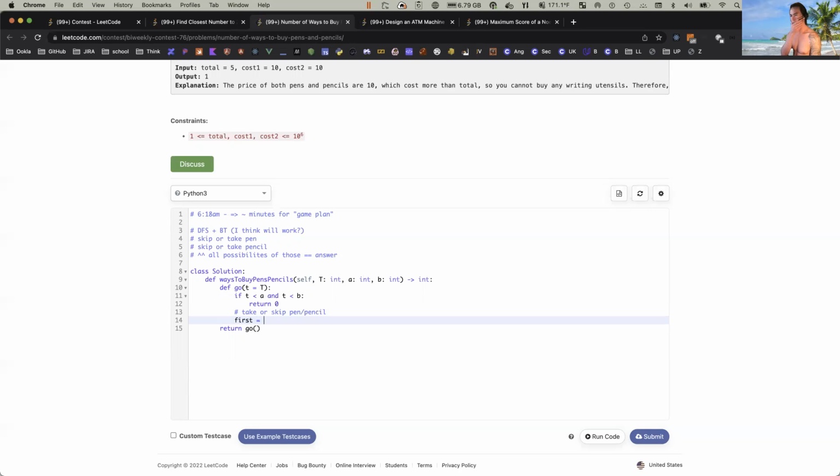First, let's see, if T exceeds A, then we can take the pencil or pen, or whatever it is, whatever A cost.